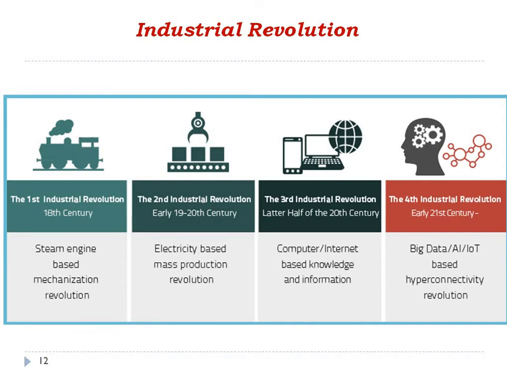In the third industrial revolution, we saw computers and internet-based knowledge and information coming into our lives. And now the fourth industrial revolution is going on. We can see big data, artificial intelligence, IoT-based hyperconnectivity revolution, etc. as the latest trends now.